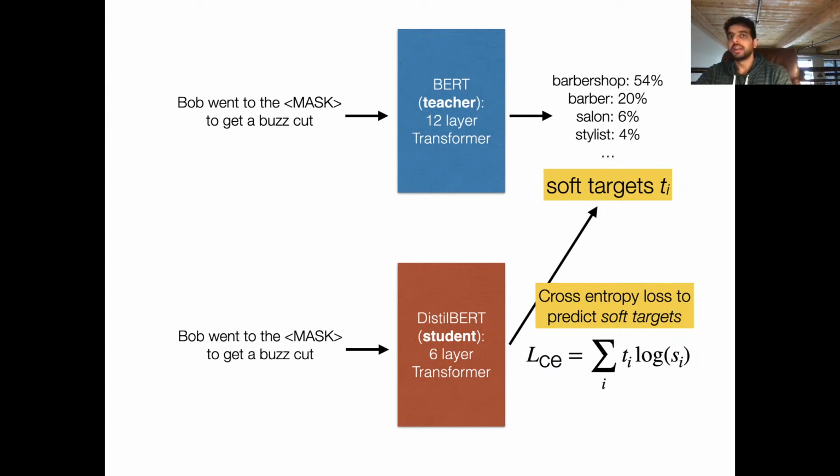So in essence, if you're going into distillation with the goal of getting a smaller model, you're always going to be tolerant of some level of performance loss. You're just hoping to keep the difference in performance between the student and teacher model as small as possible, and having it predict these more informative soft targets is a better way of preserving as much information of the teacher model as we can.